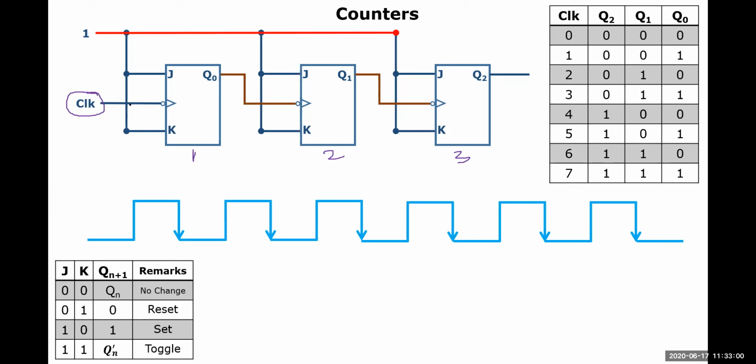So only one flip flop is connected to the external clock, and everything else is connected based on the previous flip flops. That is what you need to remember, so it is called a ripple counter. All flip flops cannot take the same clock pulse from the external source. They are connected from the previous stage flip flops only. That is why it is called a ripple counter.